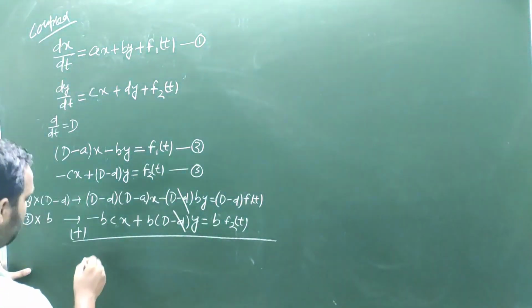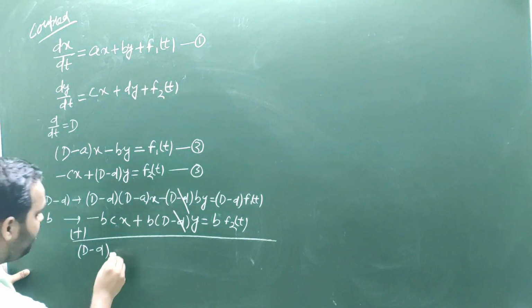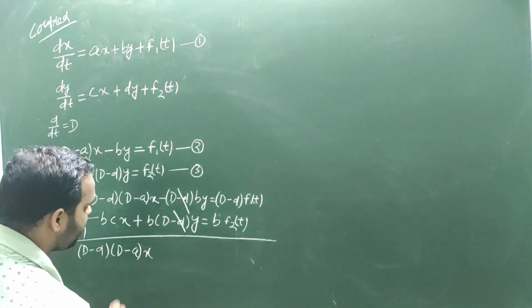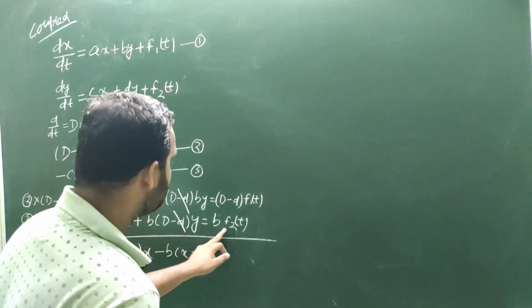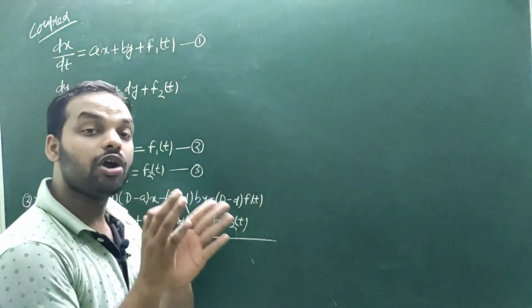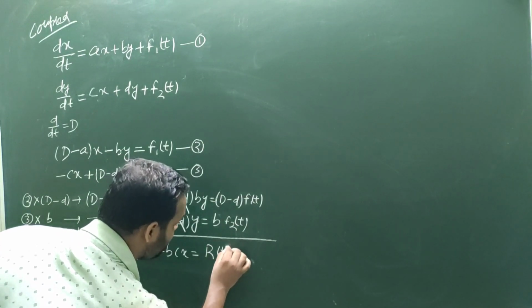Let me write it down. What we will get, capital D minus small d into capital D minus small a into x minus bcx is equal to, these two will be added. So after doing all the mathematics, you will get some function of t. So I am taking that function of t as r of t.